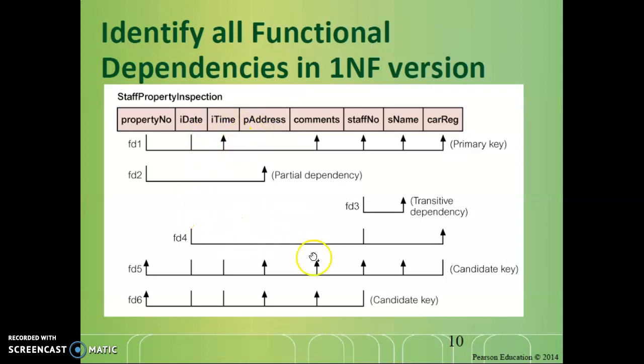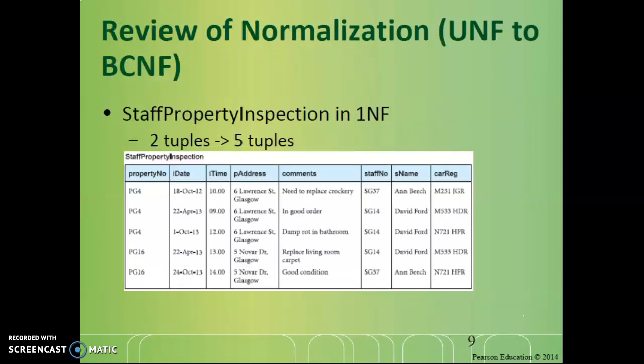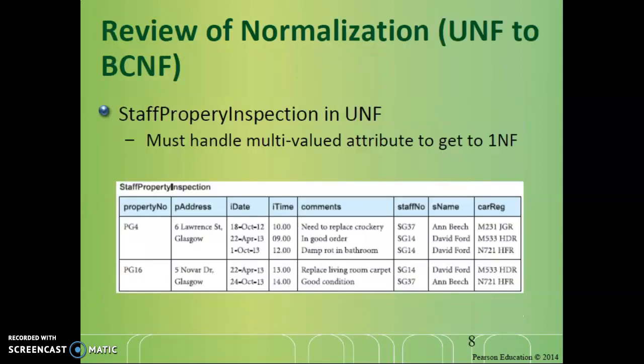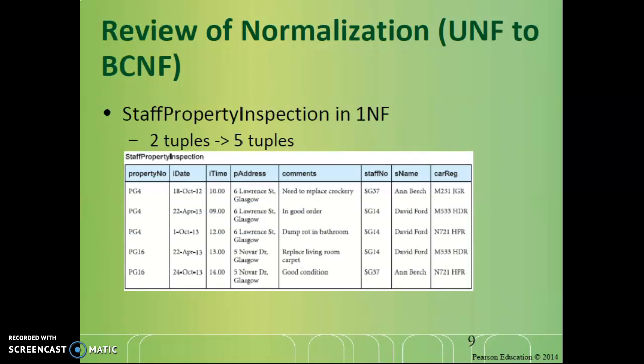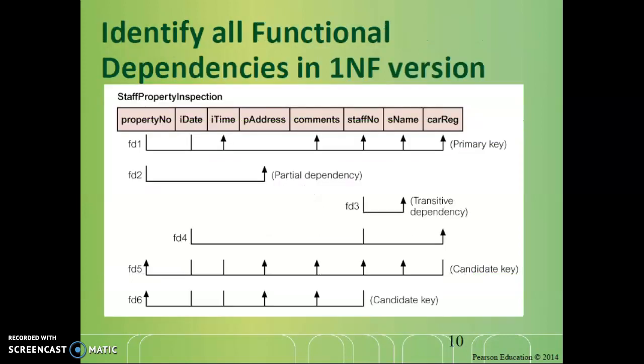Now the next step is transforming this first normal form to second normal form. First we took the unnormalized form and converted it into first normal form by removing repeating groups, and then we identified functional dependencies. How to identify functional dependencies and candidate keys is all based on the table.